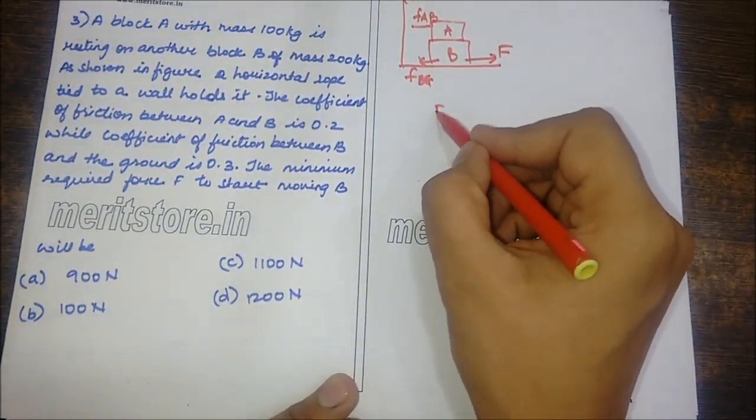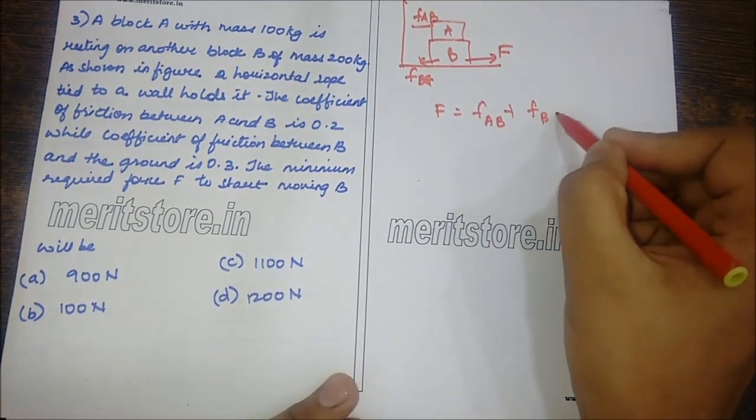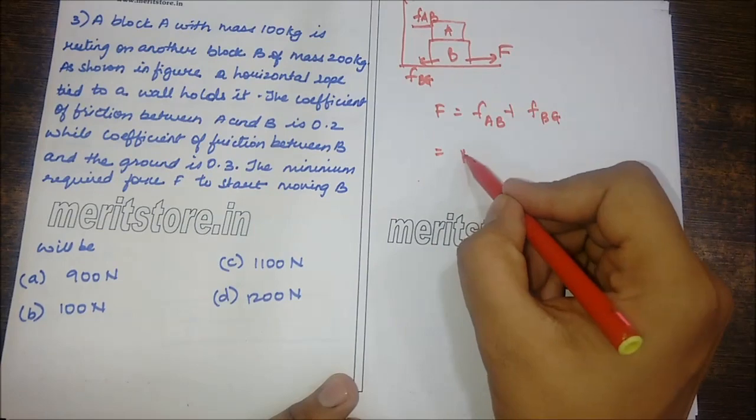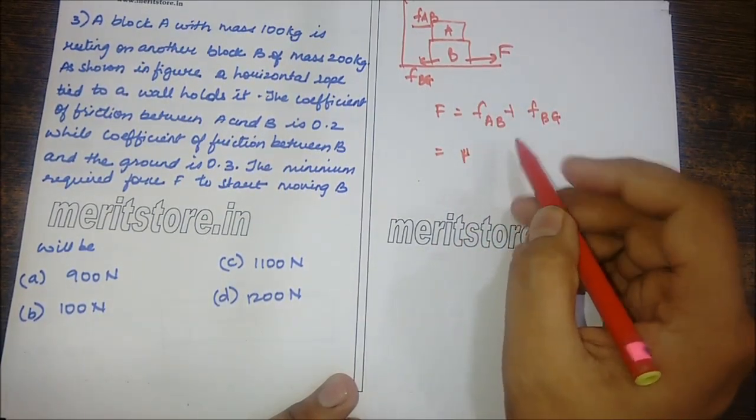So we know F is equal to F of AB plus F of BG. Frictional force F is equal to mu mg.